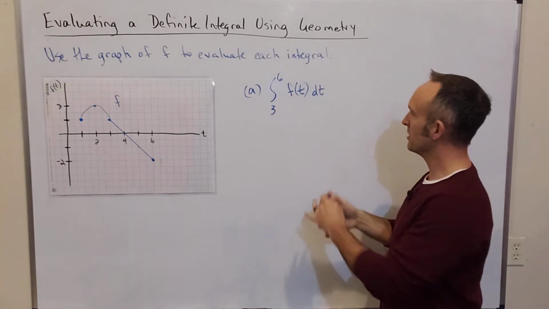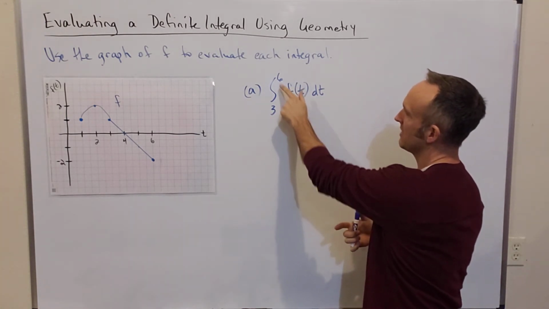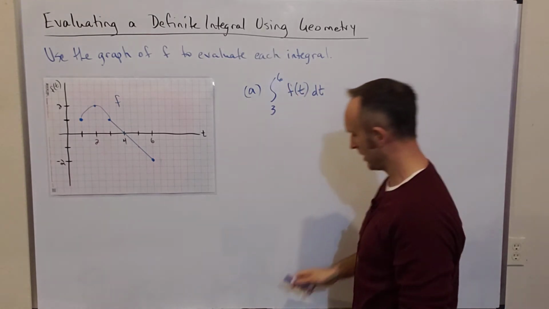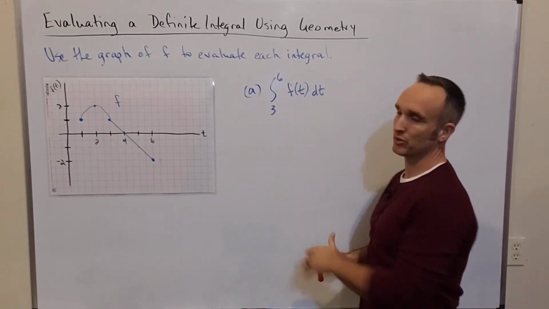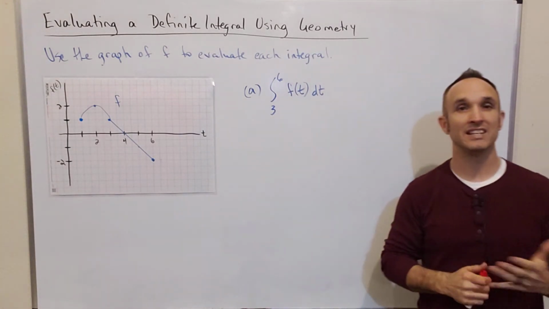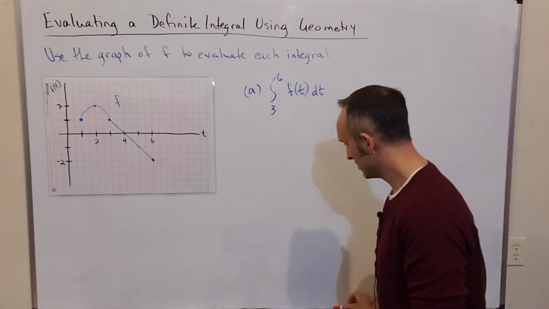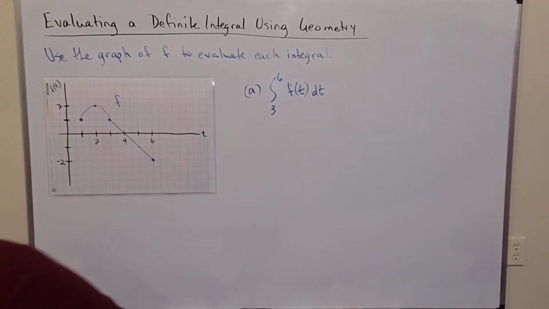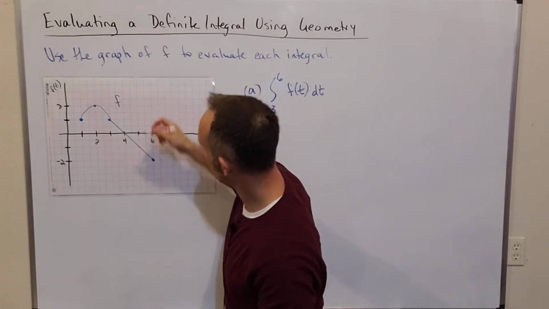So again, remember the dt indicates that our independent variable is t and that these are t values, okay? And so to evaluate this definite integral, in this case, we need to think of it as the area under the curve from 3 to 6. So if we come over here to our graph, we're looking for from 3 to 6, what's the area?